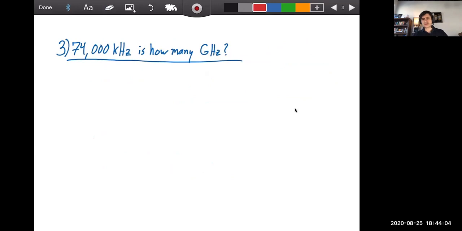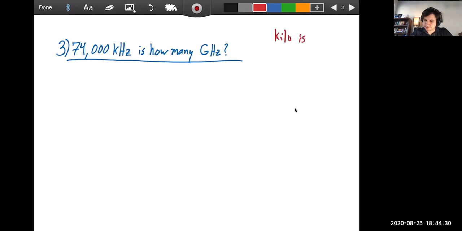Here, I'm trying to step up the difficulty just a little bit with each example. Now we're going to take 74,000 kilohertz, and I want to know how many gigahertz this is. In this one, I'm going to go through a complete process because you're jumping a couple of scales here.